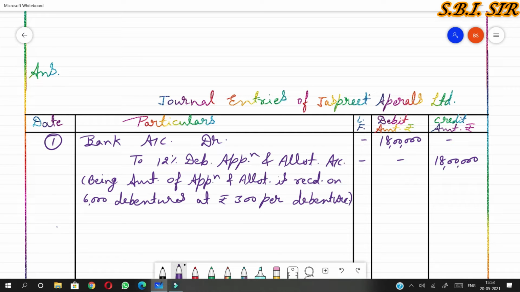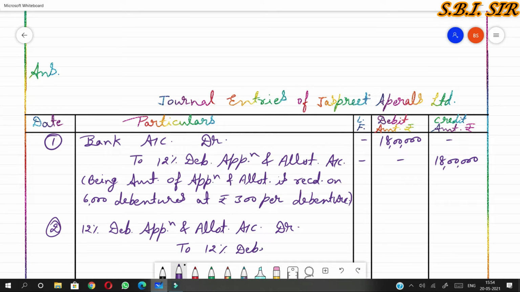Then we will make the second entry: 12% debenture application and allotment account debit, to 12% debentures account. Amount 18 lakh.